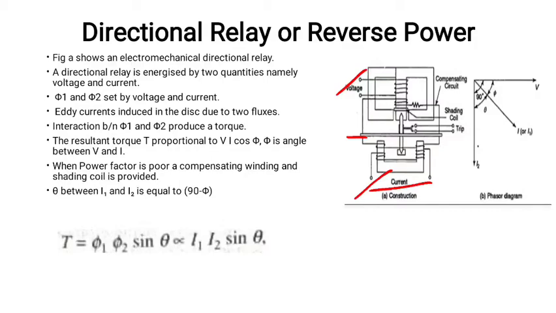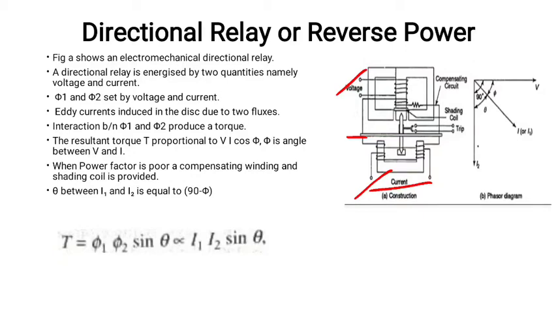Flux phi1 and phi2 are set up by the voltage and the current respectively. Eddy currents induced in the disc by phi1 interact with phi2 and produce a torque. So the resultant torque rotates the disc and the torque is proportional to Vi cos phi, where phi is the angle between the voltage and the current.